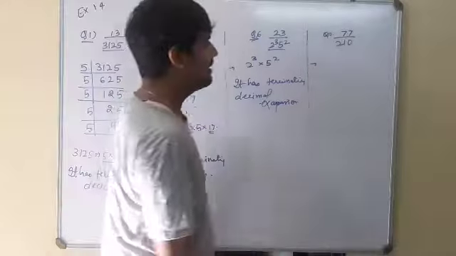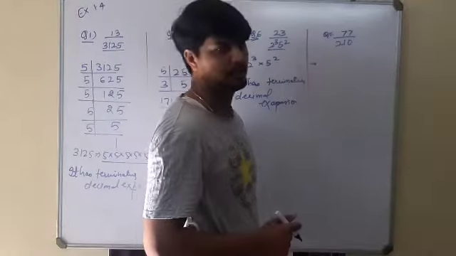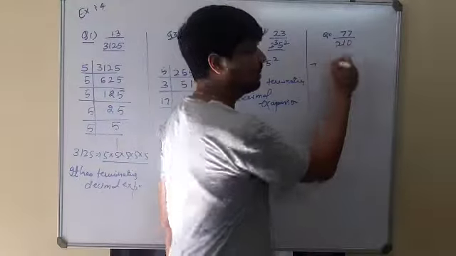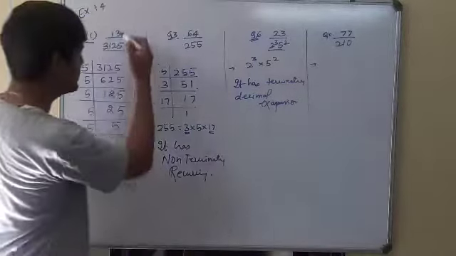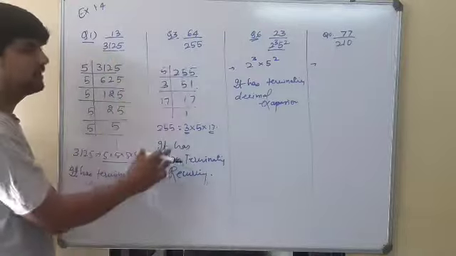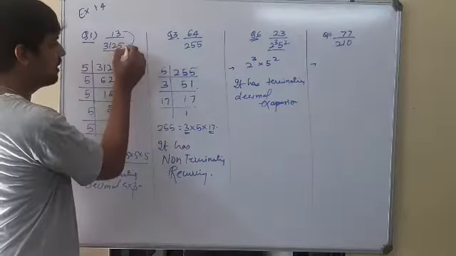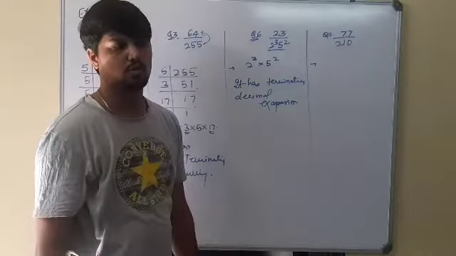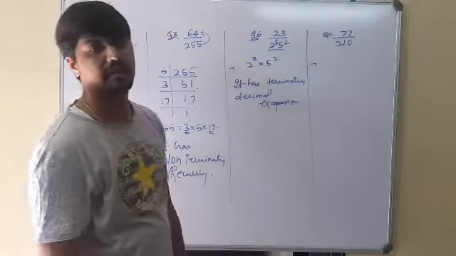Now moving ahead with the question number 4. Here we have 77 upon 210. Now when we want to check this, don't directly go for the prime factorization. Always remember, in the earlier questions I directly started with the prime factorization because the numerator and denominator were co-prime numbers, that means they don't have any common factor.